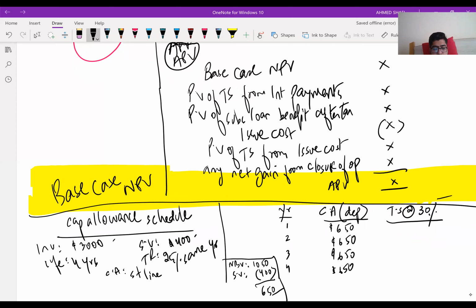So 650 into 25% makes it 162.5 each year. And I've told you this is the only relevant column, the last one. Whatever amount is coming as savings, you should record it as inflows. Okay, copy this stuff, please.